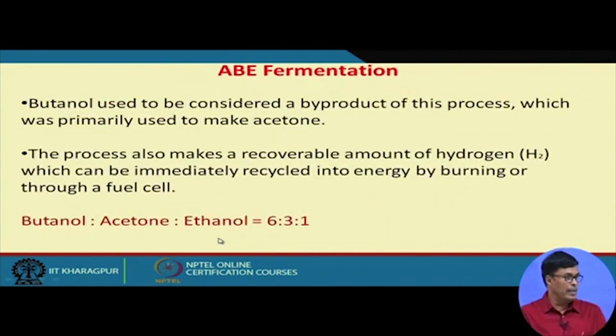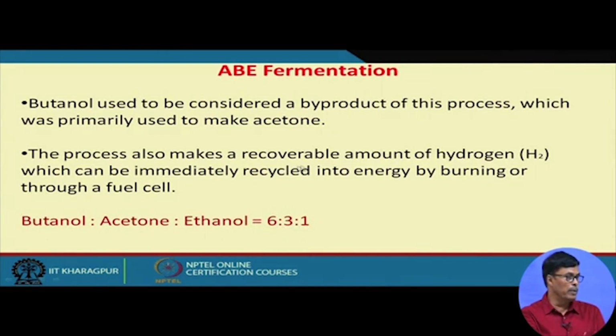Now, the acetone butanol fermentation process, that I told you, gives three solvents in the fermentation broth. One is butanol, another acetone, and ethanol. If you look at the ratio of how much is present in the fermentation broth, it is 6:3:1.